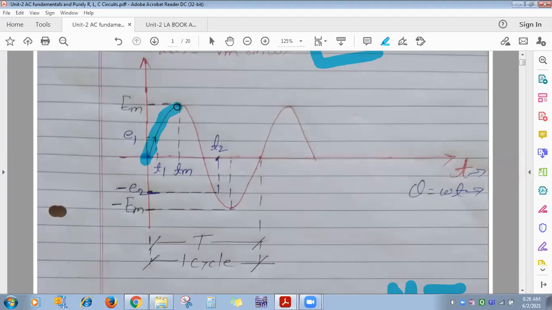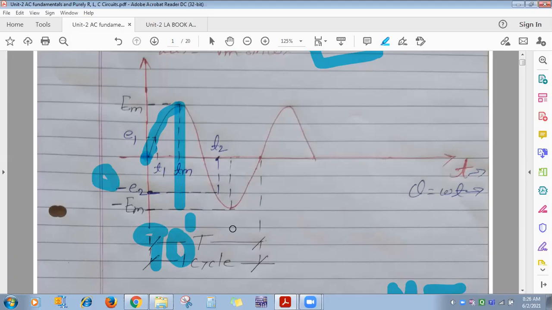At 90 degree, this is the case at 0 degree, and here is the peak, the maximum value. This is the condition when the angle between the plane of the coil and the magnetic field is 90 degree.